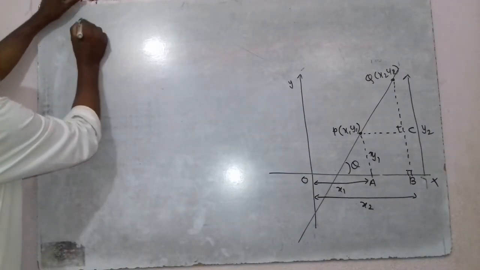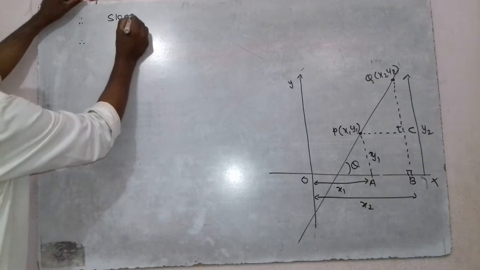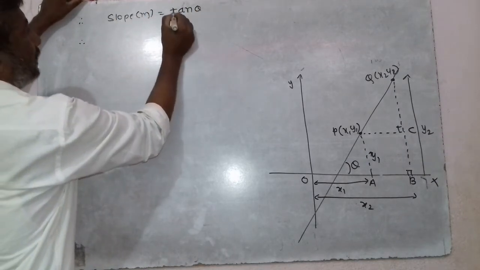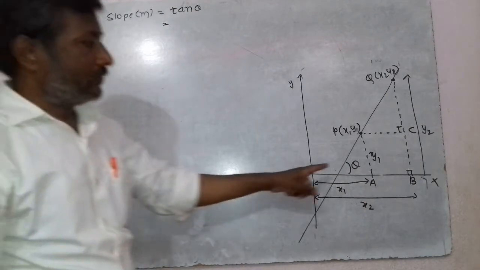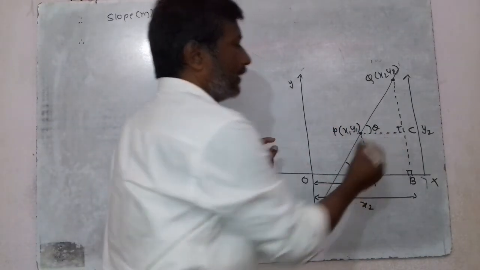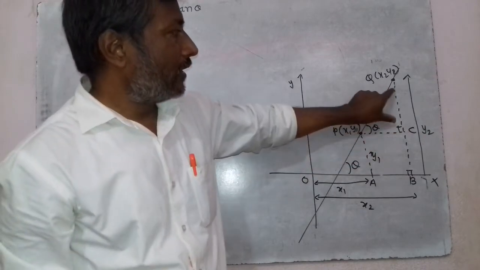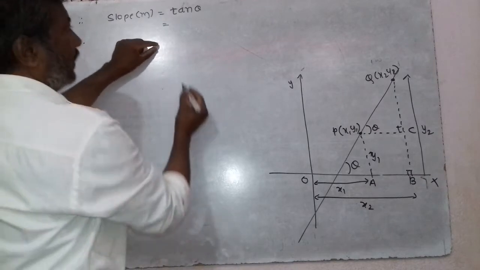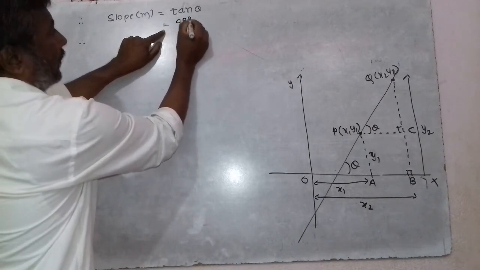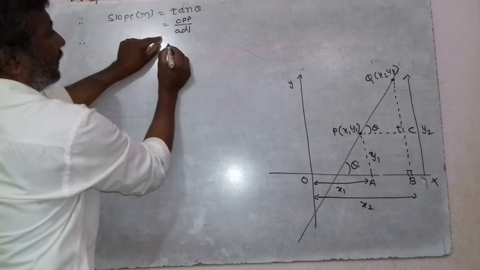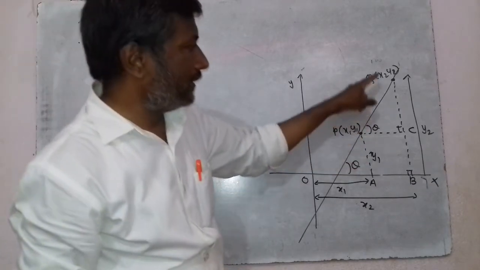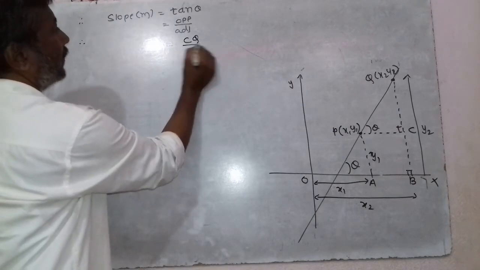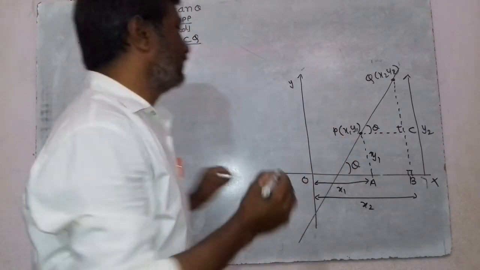Therefore, slope m equals tan theta. This angle is also equal to theta. Tan theta is opposite divided by adjacent side. The opposite side is CQ and the adjacent side is PC.